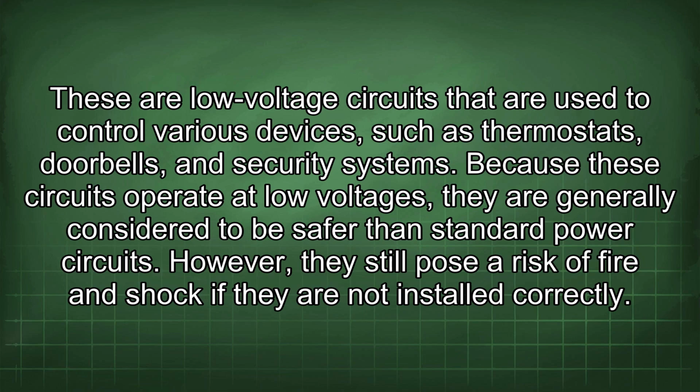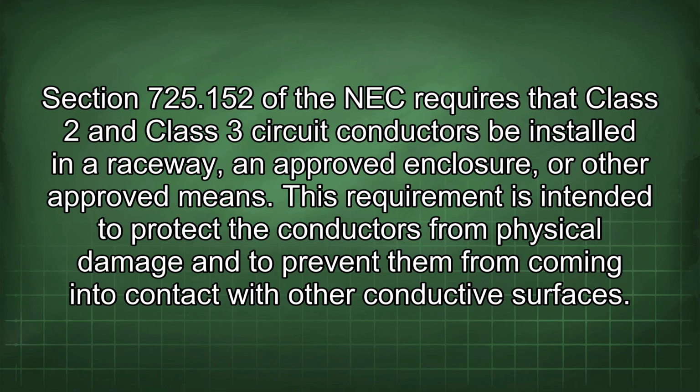Because these circuits operate at low voltages, they are generally considered to be safer than standard power circuits. However, they still pose a risk of fire and shock if they are not installed correctly. Section 725.152 of the NEC requires that Class 2 and Class 3 circuit conductors be installed in a raceway, an approved enclosure, or other approved means.